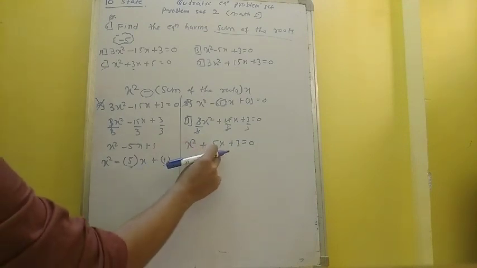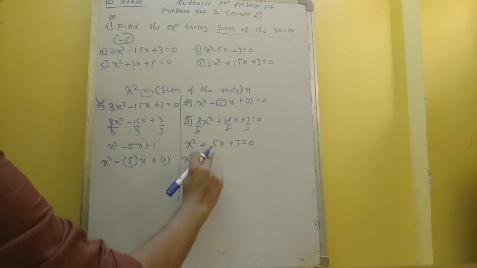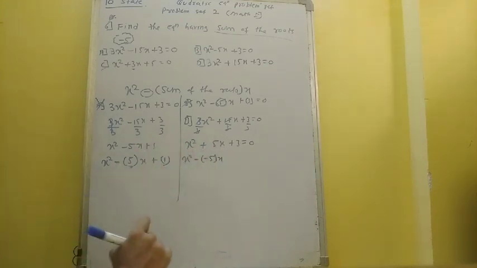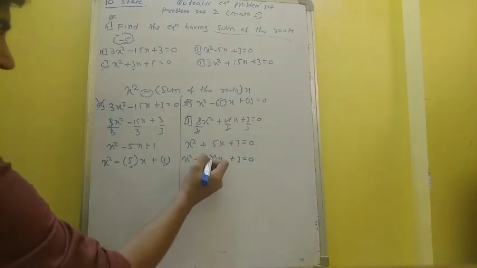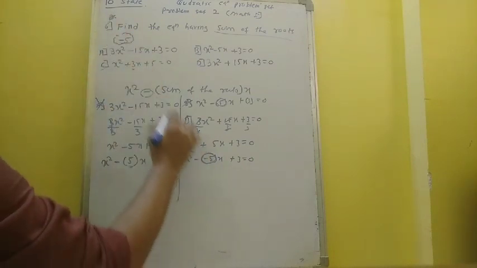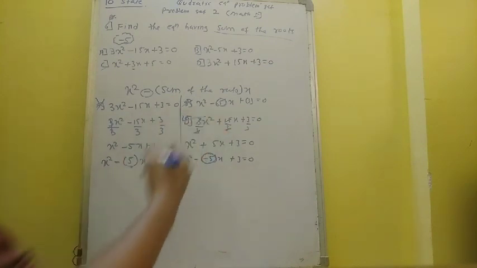But how do we write the quadratic equation? x square minus sum of the roots. To get plus 5, I will write minus 5 inside, because minus minus becomes plus. This is very important. So can I say that the sum of the roots is minus 5? Yes. You can see the minus sign and the sum of the roots. Therefore the solution for this is D. Okay, the sixth one.